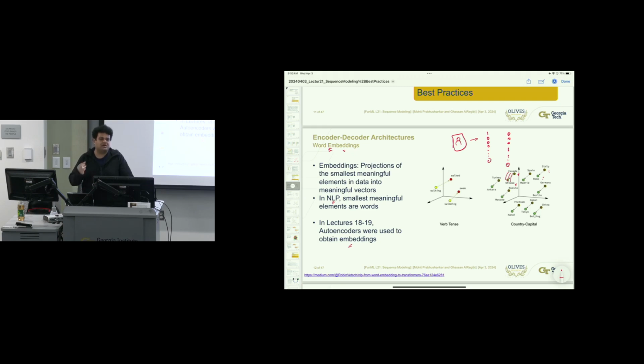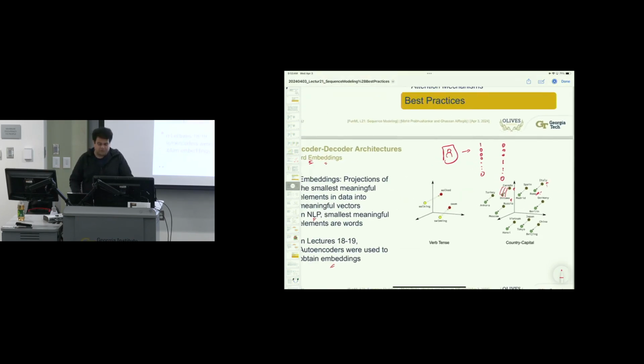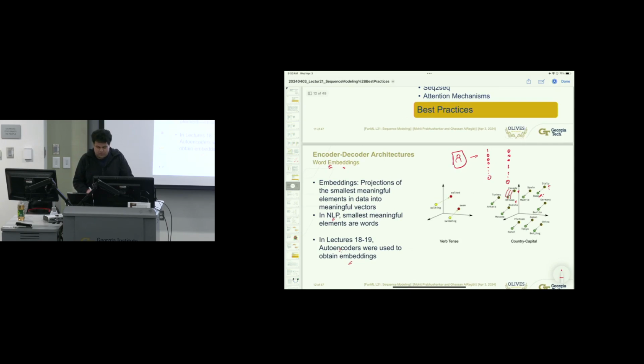So there is some kind of relationship between these features, and this relationship allows us to construct these images. Same thing here as well. Let's say I have some kind of autoencoder which takes in Canada, Ottawa, Italy, Rome, Germany, Berlin, and puts it into a representation space where all of them are similar together. So it's going to be similar to an autoencoder framework, and that's why we have an encoder-decoder.